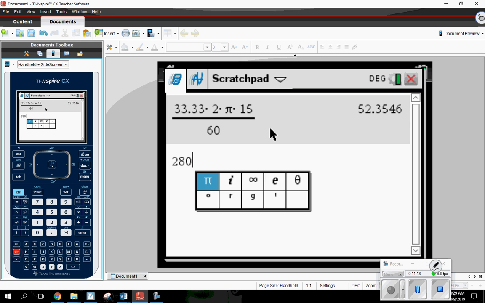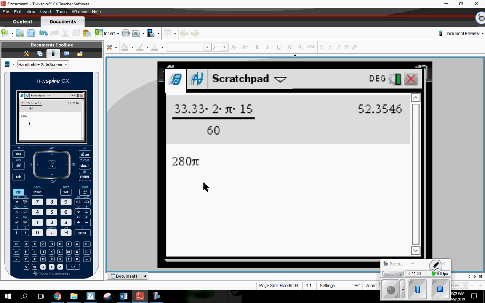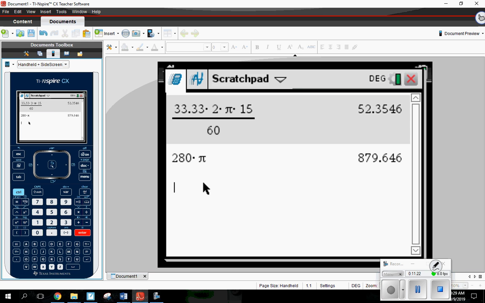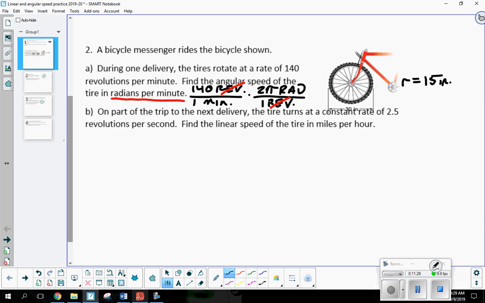Okay, 280 pi. What should I be getting? Okay, 879.6 radians per minute. Let me go ahead and put this right here: 879.6 radians per minute.